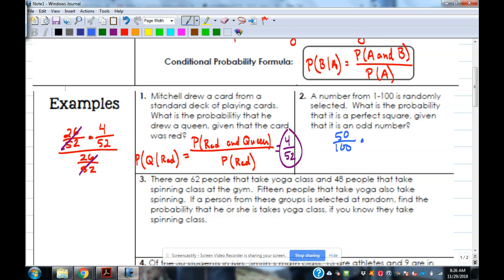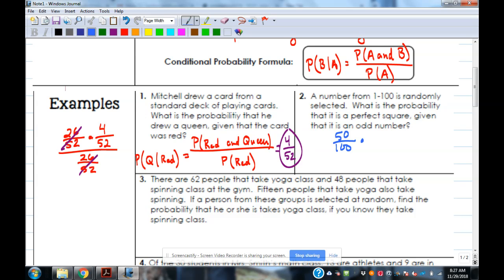So how many perfect squares are there from 1 to 100? Let's count. You got 4, 9, 16, 25, 36, 49, 64, 81, and 100. There are 9.